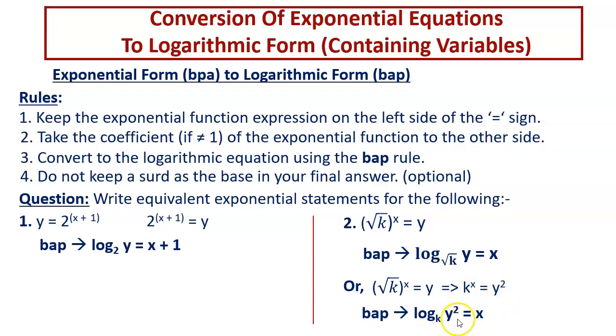So it is log of y raised to the power of 2 to the base k equal to, the power comes down on the opposite side of the equal to sign. This becomes the product or result. So it is log of y raised to the power of 2 to the base k equal to x.